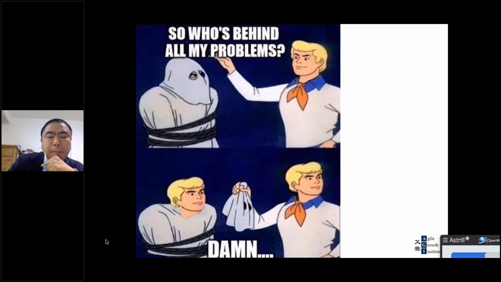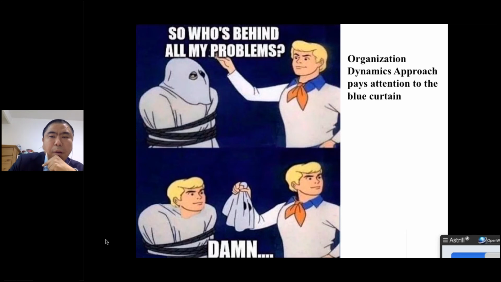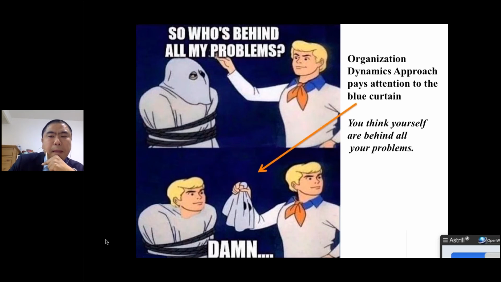In terms of leadership development, we call it self-awareness. It is reasonable. However, from the organization dynamics perspective, it is not enough. Organization dynamics approach pays attention to the blue curtain behind these two figures.